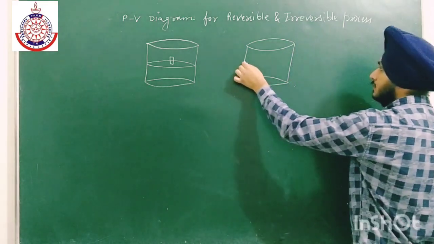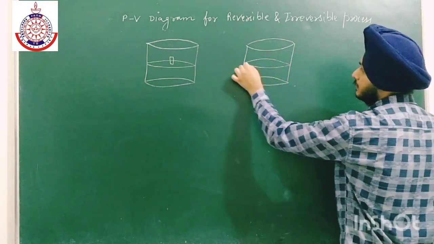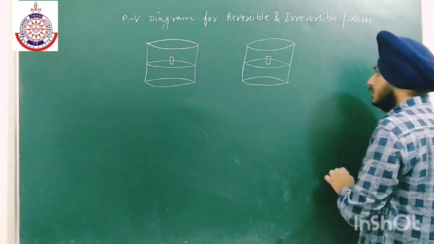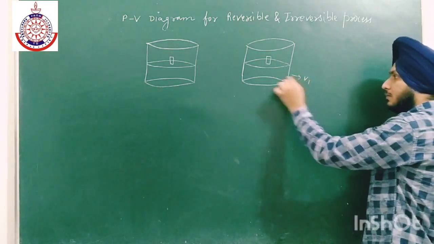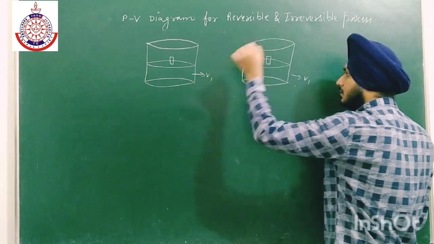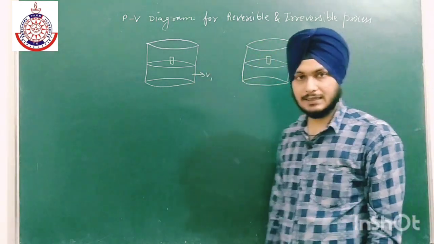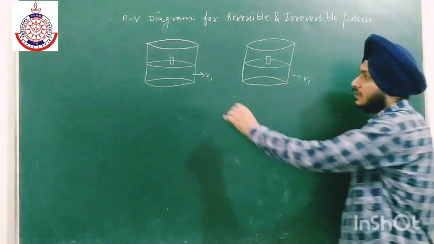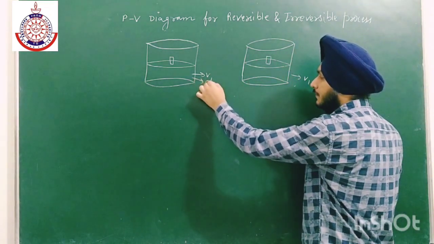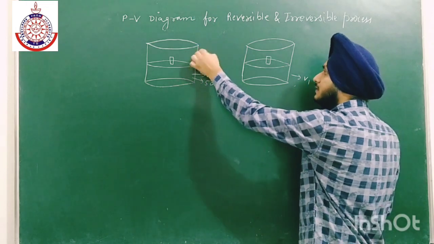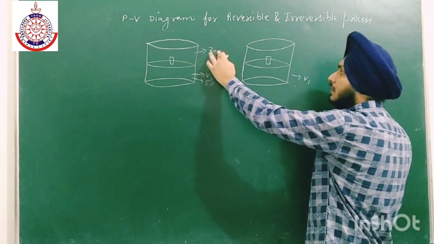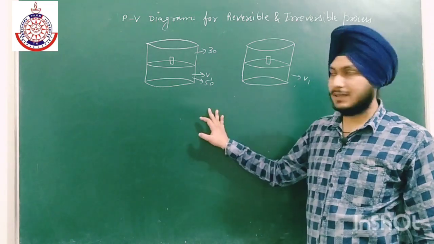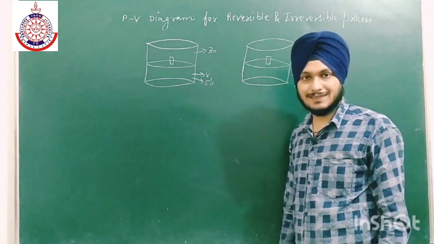Both gases have equal volume, so the initial volume is V1 in both. Now assume the internal pressure to be 50. In the case of irreversible expansion, the external pressure is quite small compared to the internal pressure. I am taking the expansion case.